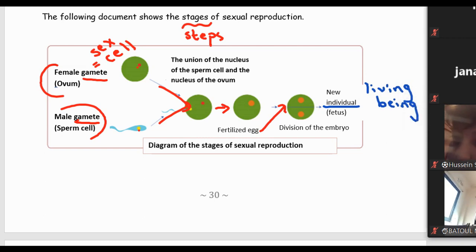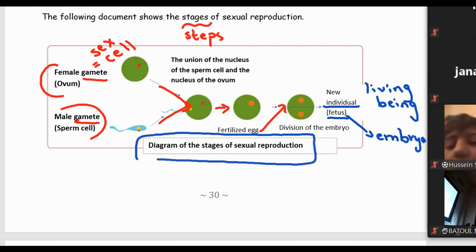This living being, as we said also, will first be a fetus. Fetus means embryo. And this embryo will also develop to become a newborn. So, this is the diagram of the stages of sexual reproduction.